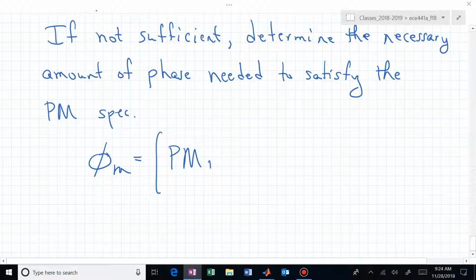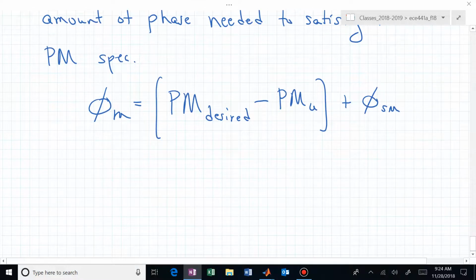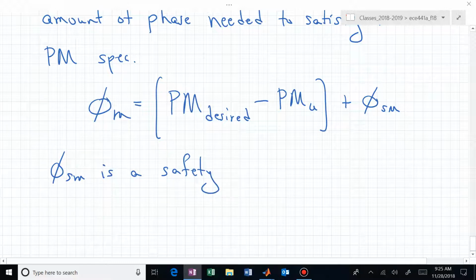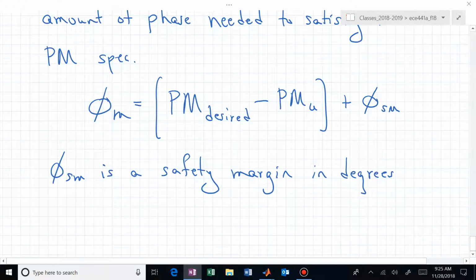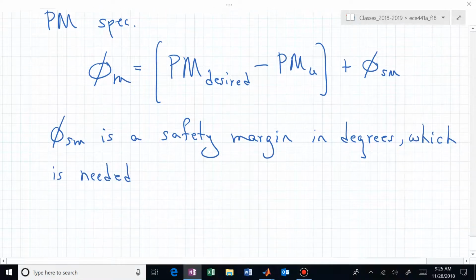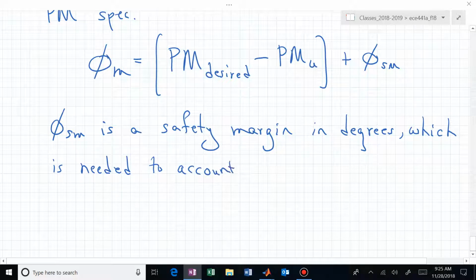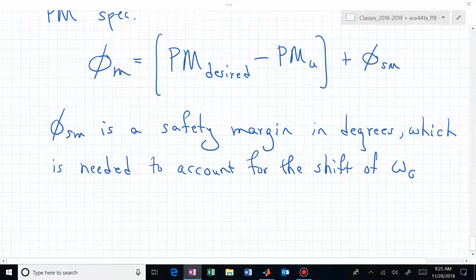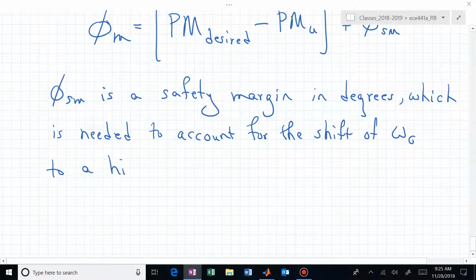Well, that's going to be the phase margin desired, maybe somebody wants 70 degrees, minus the uncompensated phase margin, which maybe is 20, plus this safety factor, phi sub Sm. Phi sub Sm is a safety margin, in the same units that you're using for phi sub m, which is typically degrees, which is needed to account for the shift of omega sub g to a higher frequency.